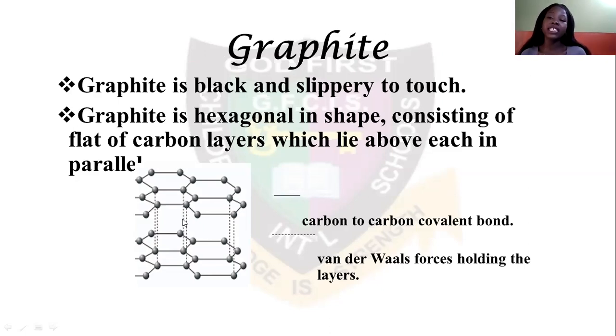So those free electrons can move, and so they conduct heat and electricity. Then, like diamond, it's also very unreactive, but it also reacts at high temperature with oxygen in air to form carbon 4 oxide. So these are the properties of graphite.